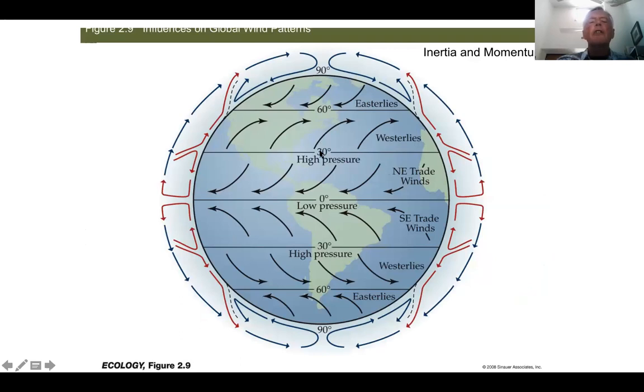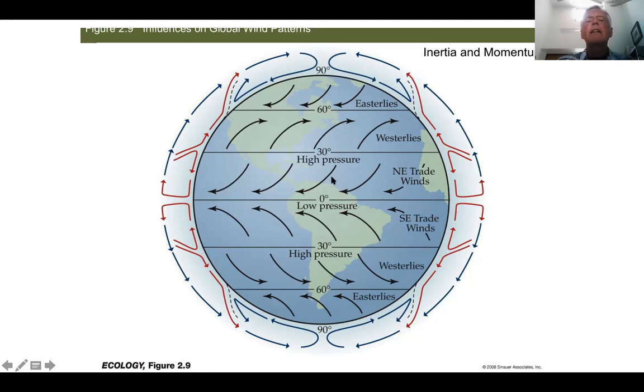So this causes the flow of air from the poles to mid-latitude, high latitudes, and from the high pressure zones to the low pressure zones to bend, all right? And they're going to bend in a clockwise direction in the Northern Hemisphere and a counterclockwise direction in the Southern Hemisphere.